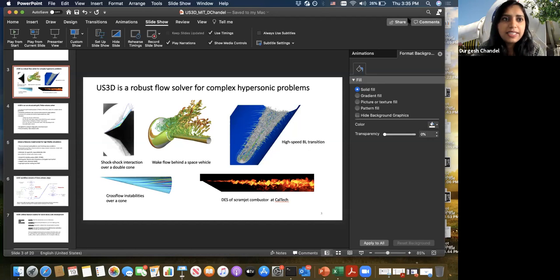US3D has the thermal response, mainly with NASA Ames, where the collaboration is performed. Some of our colleagues, who are alumni from the lab, are now working at NASA. So the ablation modeling is kind of a joint thing.